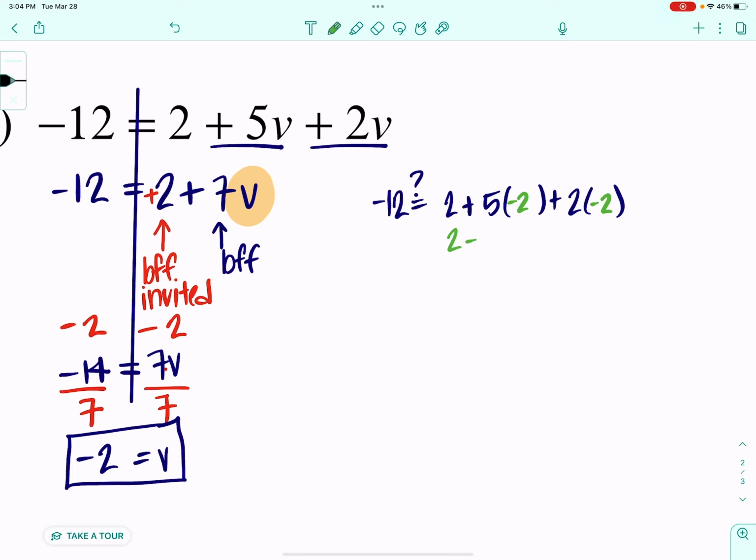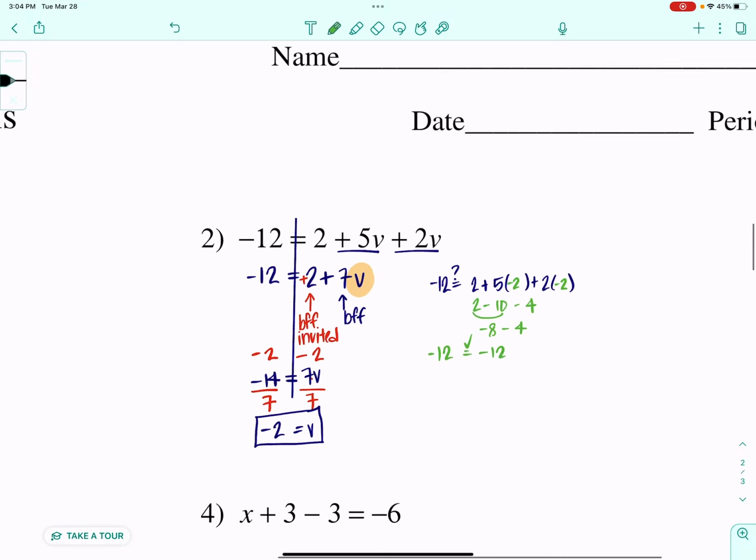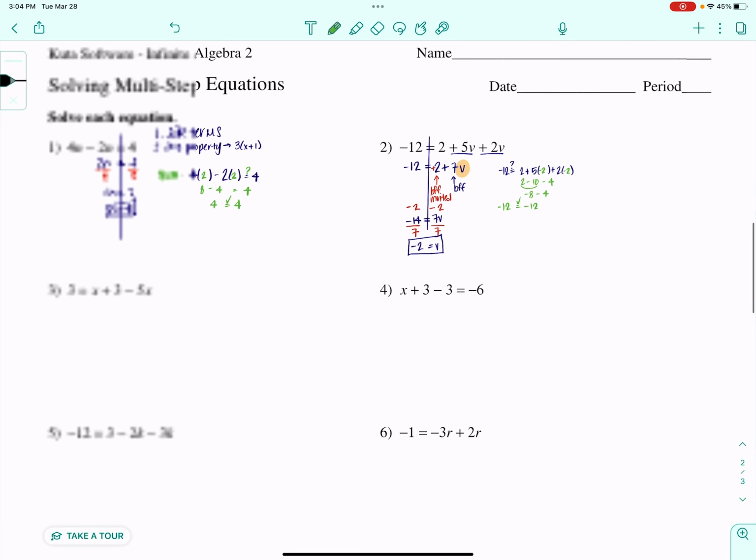This would be 2 minus 10 minus 4. 2 minus 10 is negative 8. Minus 4 is negative 12. And the last time I checked, negative 12 was absolutely equal to negative 12.